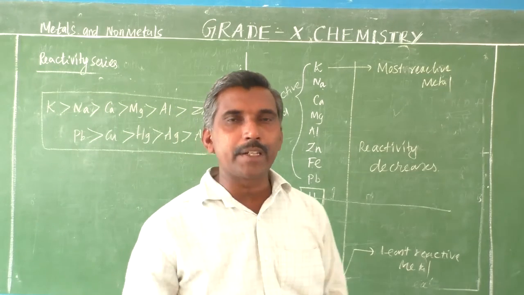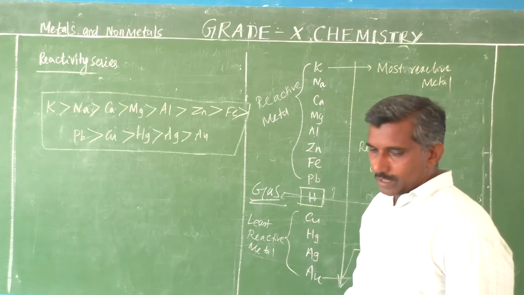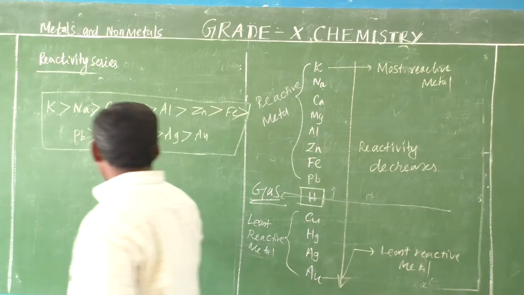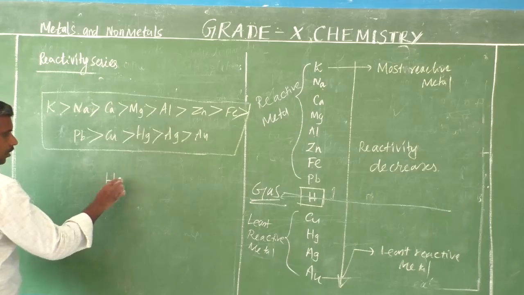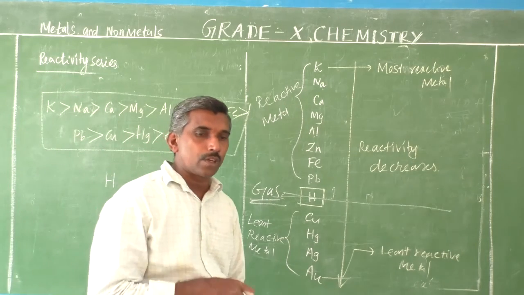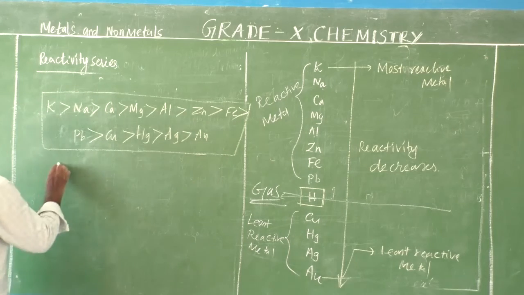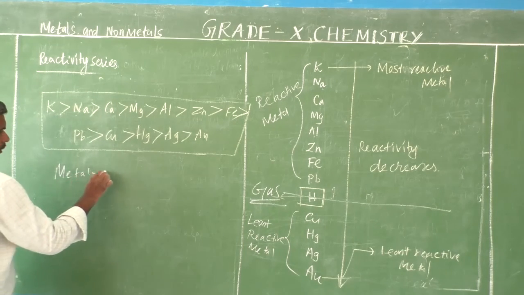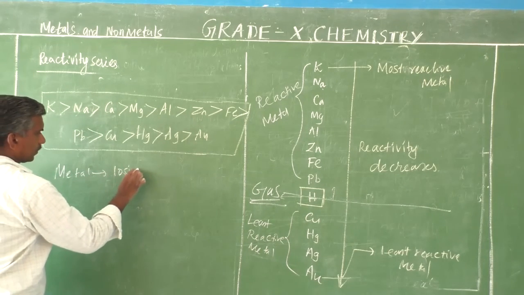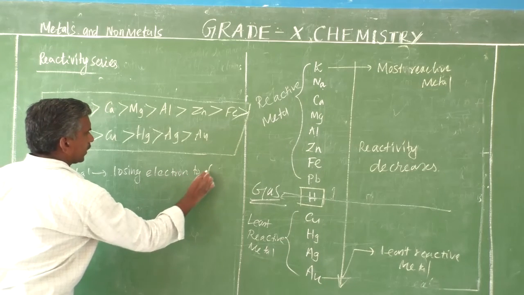Hydrogen is not a metal, but we place it in the reactivity series. What is the reason? Definition of metal: losing electrons to form a cation is known as metal.